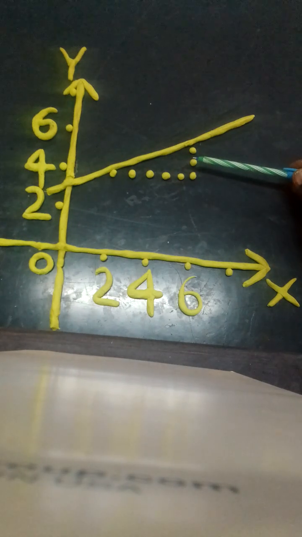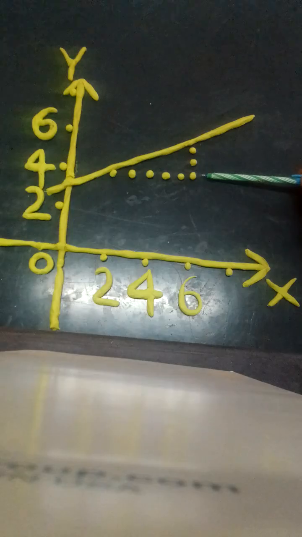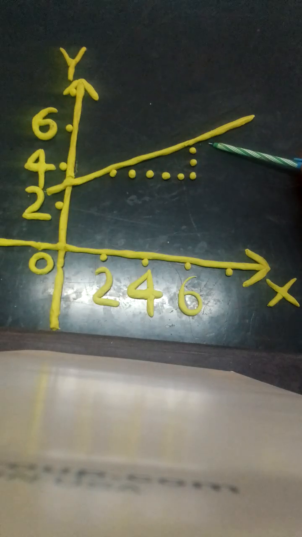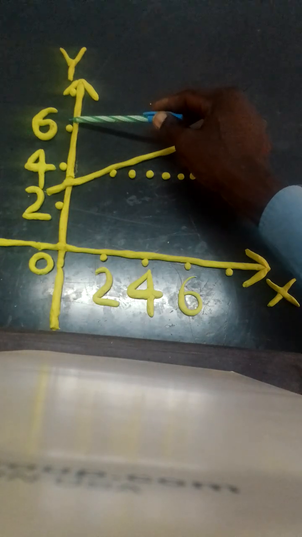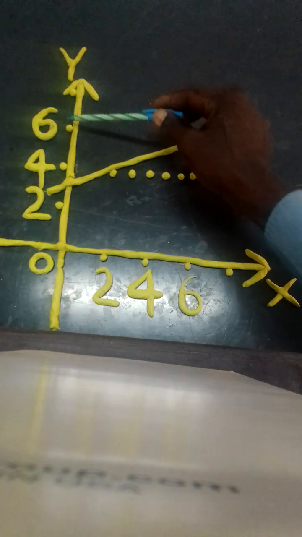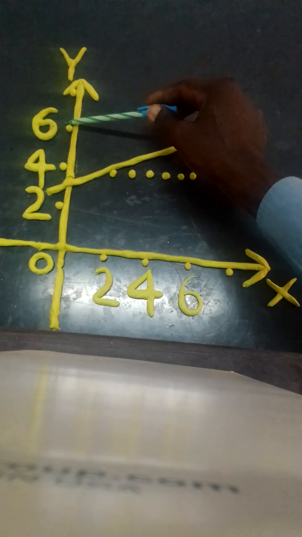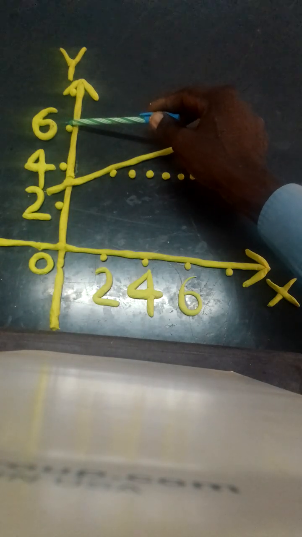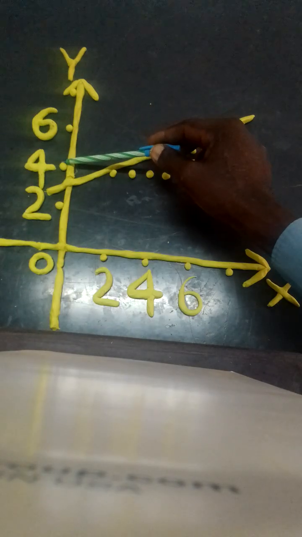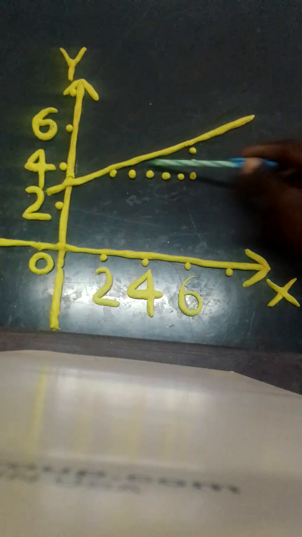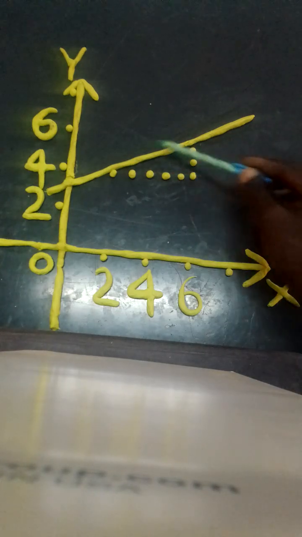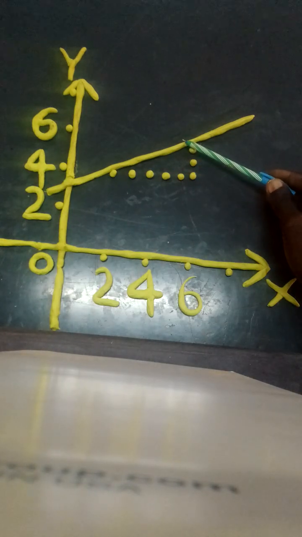So the change in y from here to here is given by y2 minus y1.